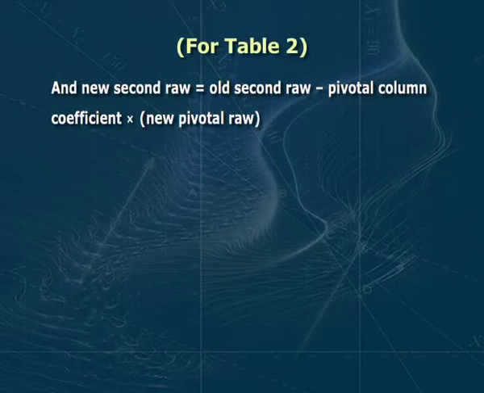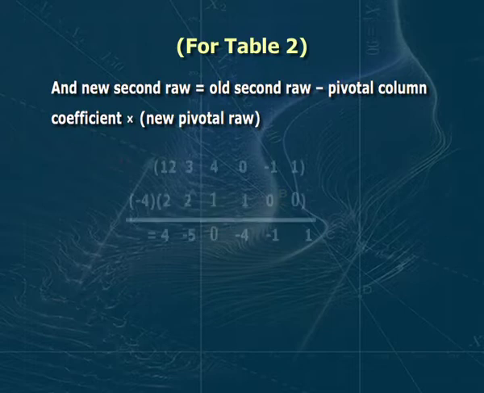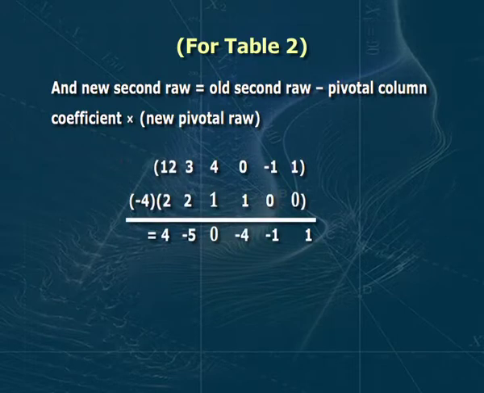And now we calculate the new second row using the formula old second row minus pivotal column coefficient multiplied by the new pivotal row. The elements of the old second row are 12, 3, 4, 0, minus 1 and 1. The corresponding pivotal column coefficient is 4 and multiplied by a minus sign. Consider the new pivotal row with elements 2, 2, 1, 1, 0, 0.